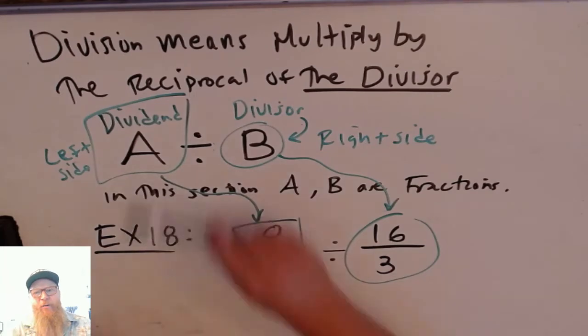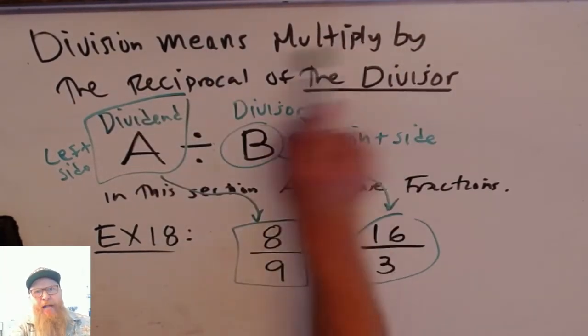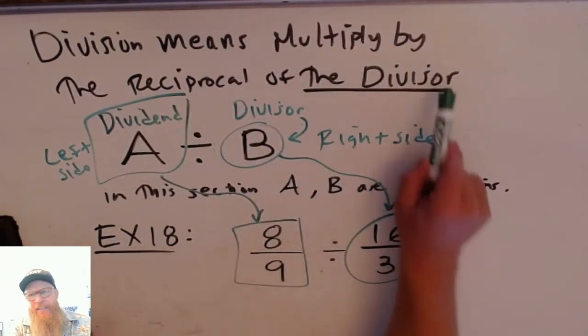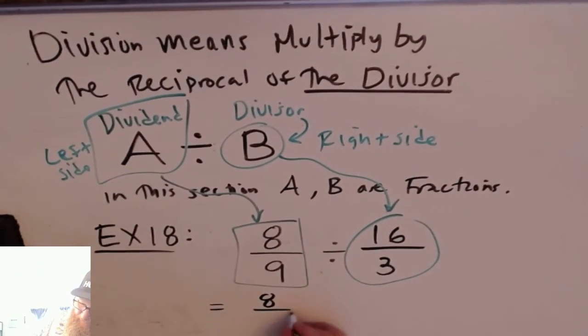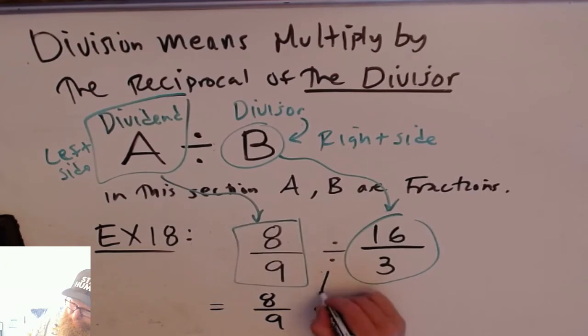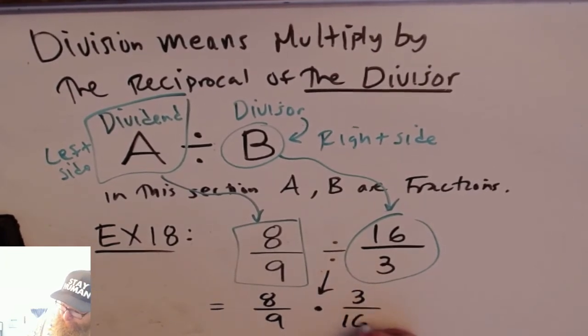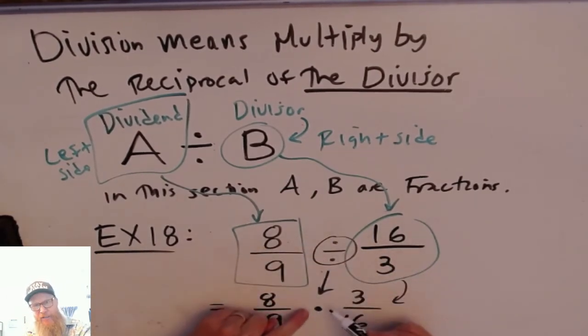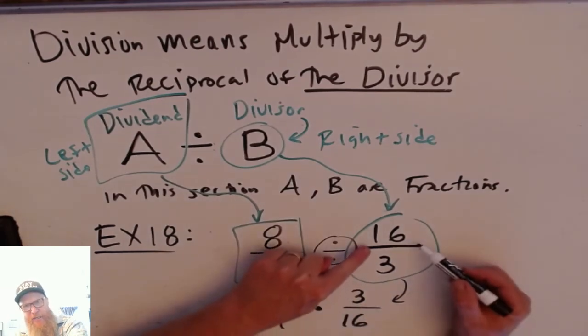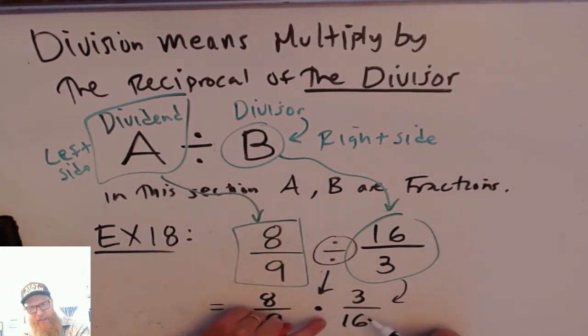Okay, so division means multiply by the reciprocal of the divisor. So we change the division symbol into multiplication, and we change the divisor into the reciprocal of the divisor.